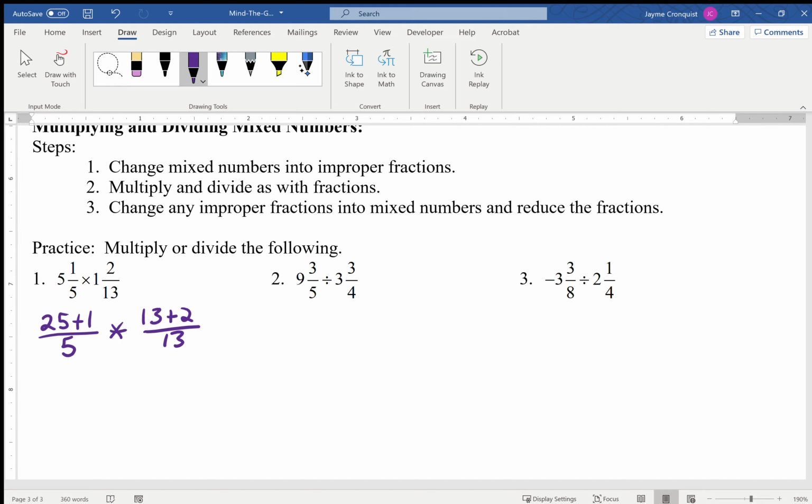Now we multiply straight across, so we have 26 times 15 over 5 times 13. Let's see, 2 13s is 26, 4 13s would be 52, 76, 78.